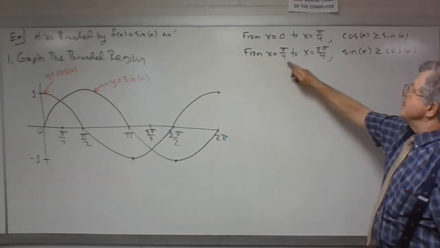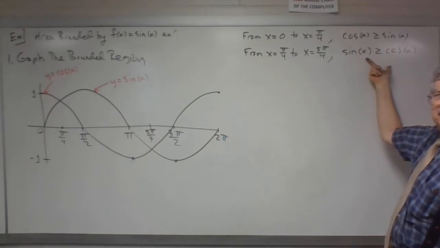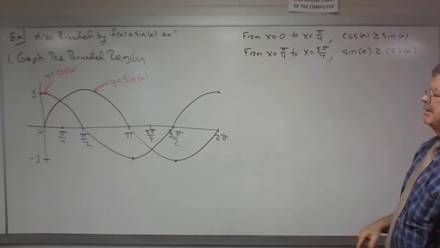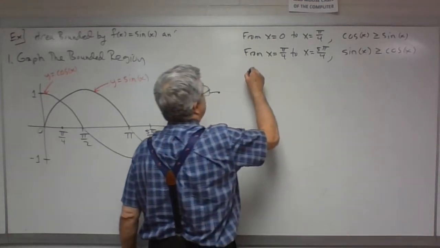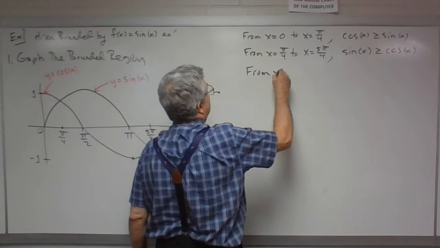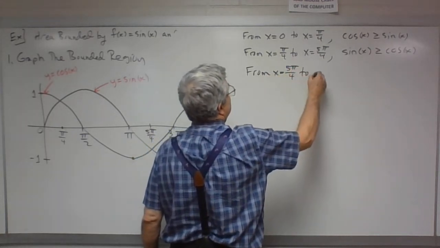Then between pi over 4 and 5 pi over 4, sine and cosine flip-flop. Sine is the greater function. And then starting at 5 pi over 4, cosine becomes greater again.